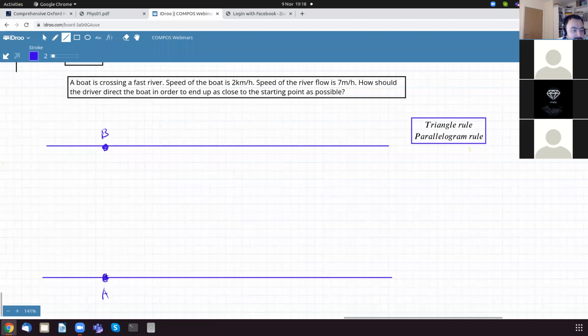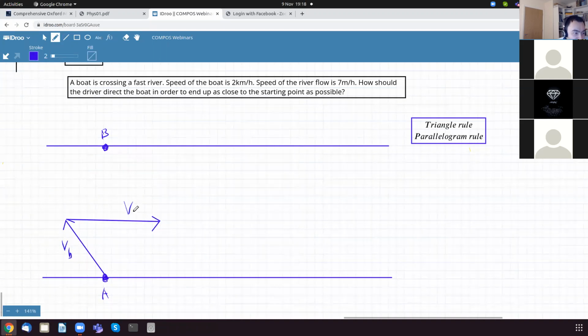And so what will happen is you will direct the boat something like that, and the stream will cause you to drift like this, and this is the speed of the boat, the velocity of the boat.